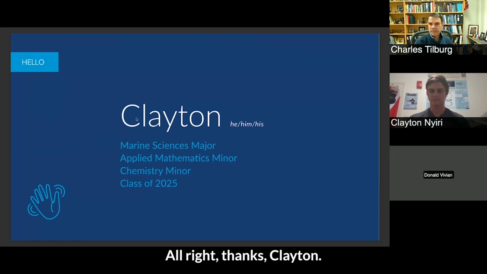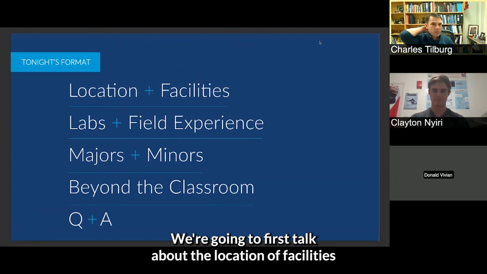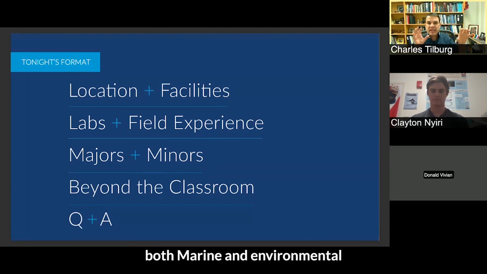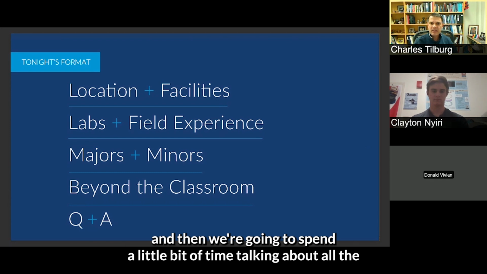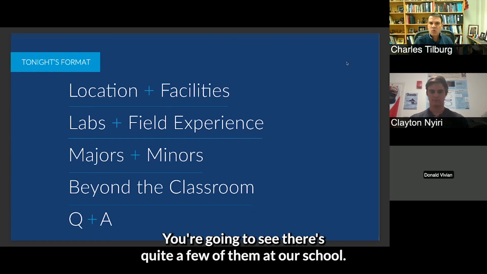All right, thanks, Clayton. So I just want to explain the format. We're going to first talk about the location and facilities here at the University of New England for both the school, both marine and environmental. Then we're going to talk a little bit about the labs and field experience. And then we're going to spend a little bit of time talking about all the different academic options we have here, all the different majors and minors. You're going to see there's quite a few of them in our school.